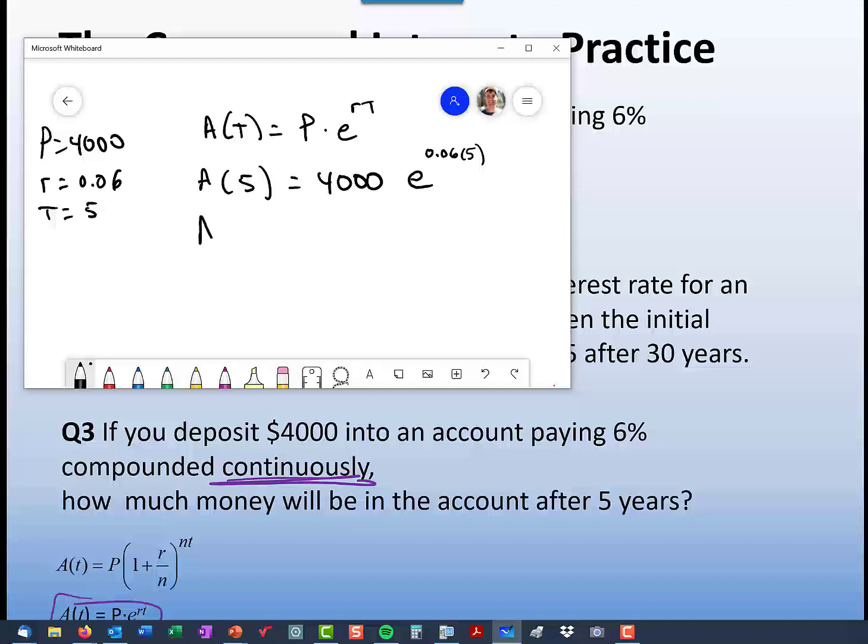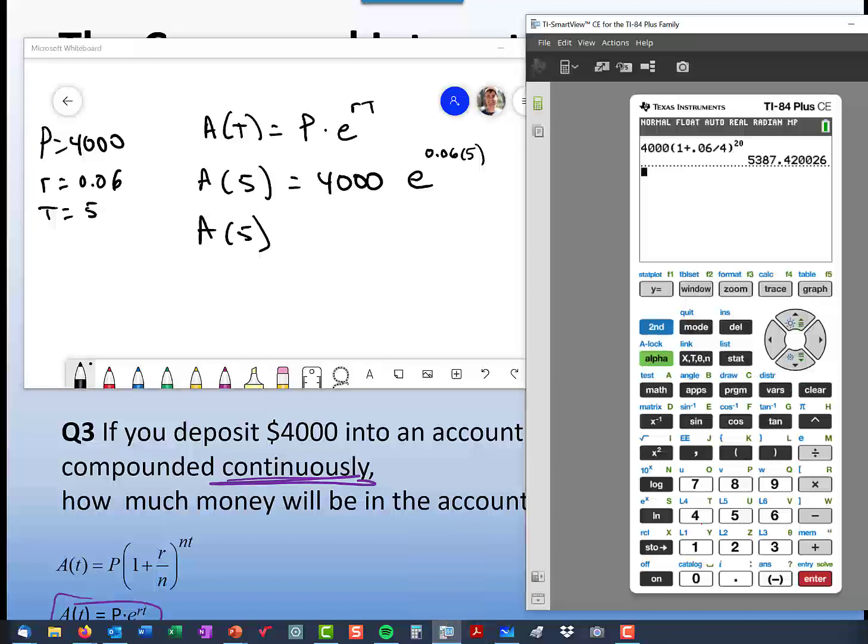And now we're just doing calculator work. So we will have 4,000. I'm going to activate the exponential function above the ln button. So I've got to go second, see the red second. Now I'm going to push the log button, see the red log button. That activates the exponential base E command. And I'm going to put in 0.06 times the 5 years. Hit enter.